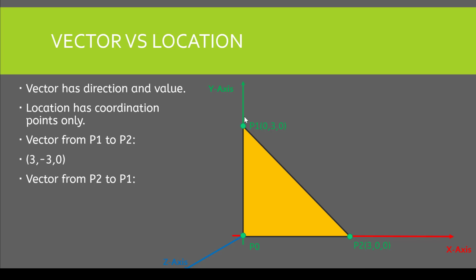Now the target will be B1 and the origin point B2, because I'm standing at B2. So I will start by calculating the target: 0 minus 3, minus 3, 3 minus 0, 3, and 0 minus 0, 0. So the vector will be minus 3, 3, 0. You can see I have here minus 3, you have there positive 3, minus 3, positive 3. So it is the direction reversed.